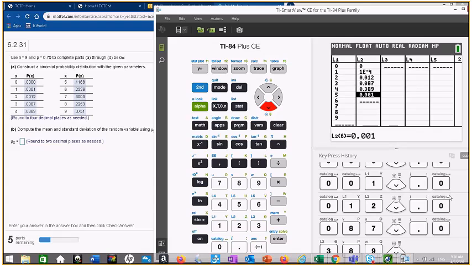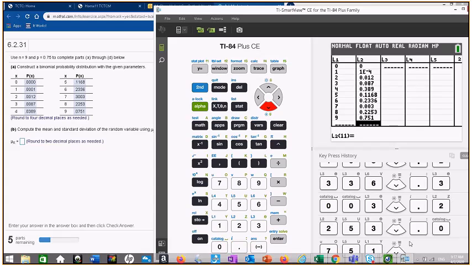Yes. 0.1168. 6. 0.2336. 0.3003. 0.2253 and 0.0751.